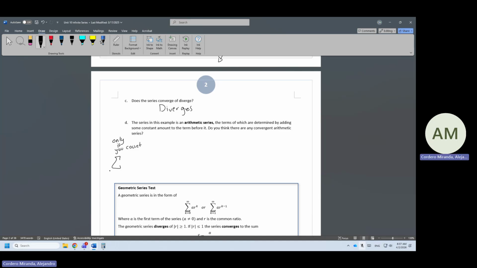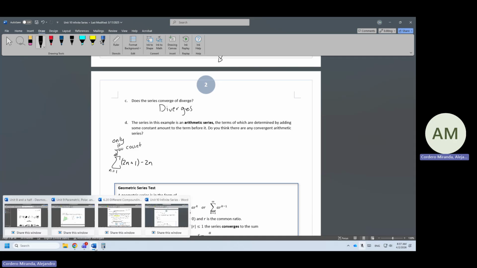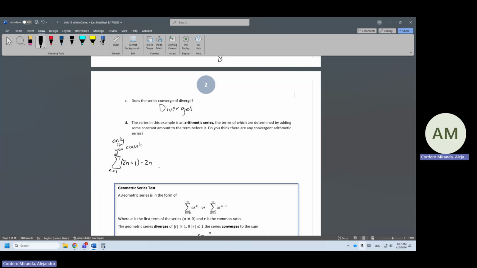So you're saying, if we use this sum, 2n plus 1, the same one we started with, but minus 2n, then technically I guess that's arithmetic. But then if you simplify, you just get the sum of ones, which still does not converge, because you're adding 1 plus 1 plus 1 plus 1 plus 1.